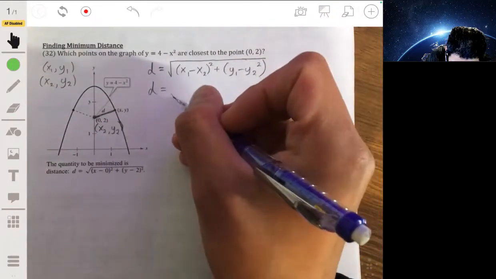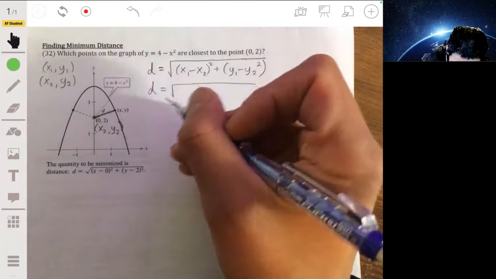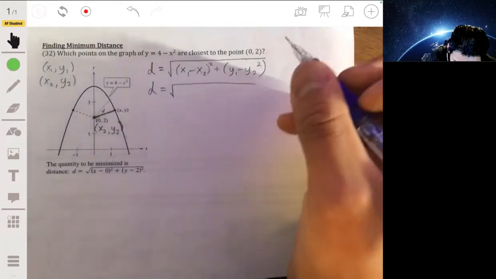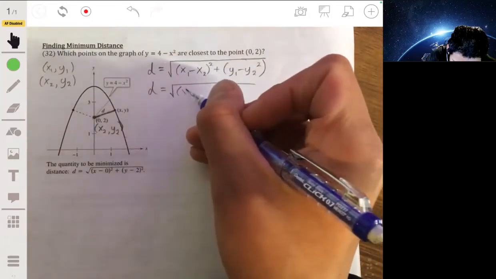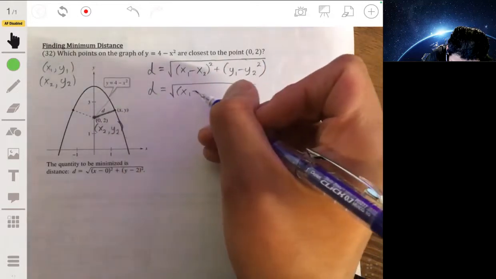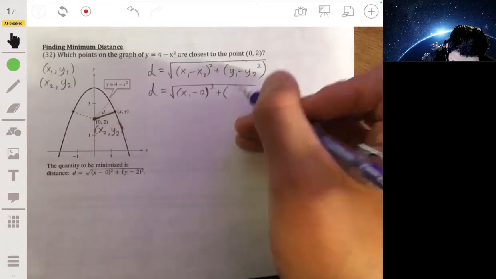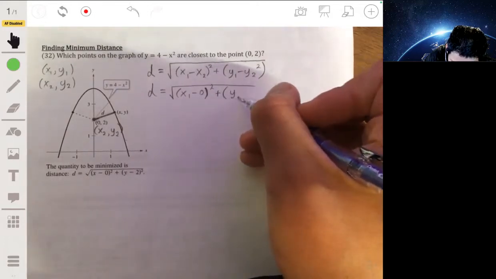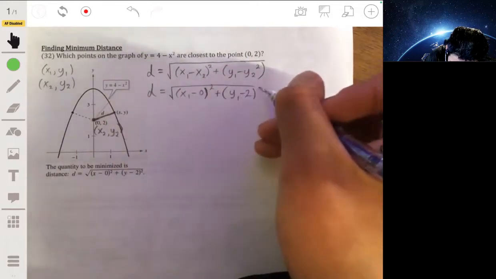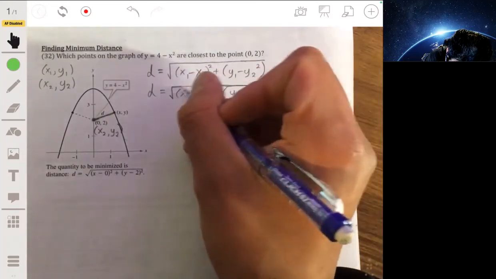Again, it does not matter if you want to make that x1, y1. I'm just doing it because usually the math looks a little cleaner. So we're going to have x minus 0 squared plus y minus 2 squared in our distance equation.